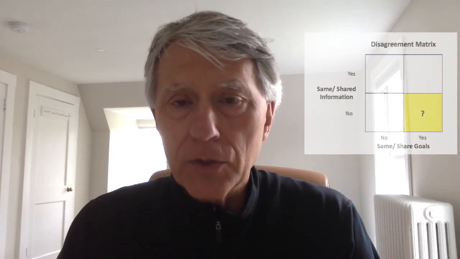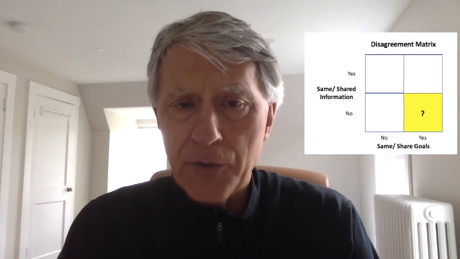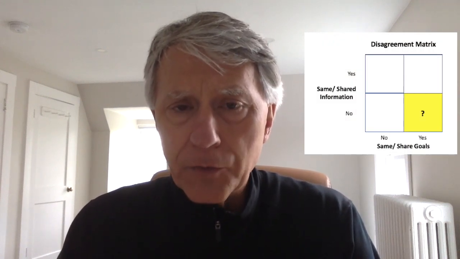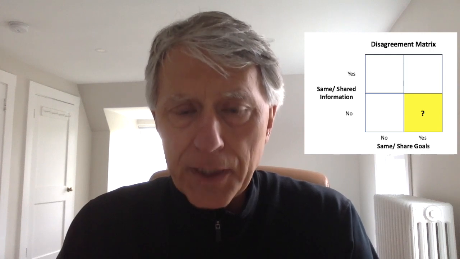The bottom right is the better disagreement to have than the top left, because as long as we agree on what we're looking to accomplish, we are hopefully only having a tactical disagreement on how to get from here to there, and therefore presumably sharing information to make sure that we all work with the same information still keeps us focused on the same goals and objectives, but helps us figure out the tactics, because we all now work with the same set of information.